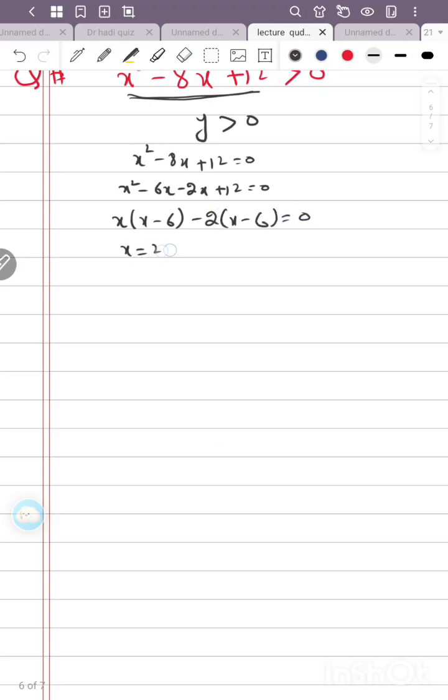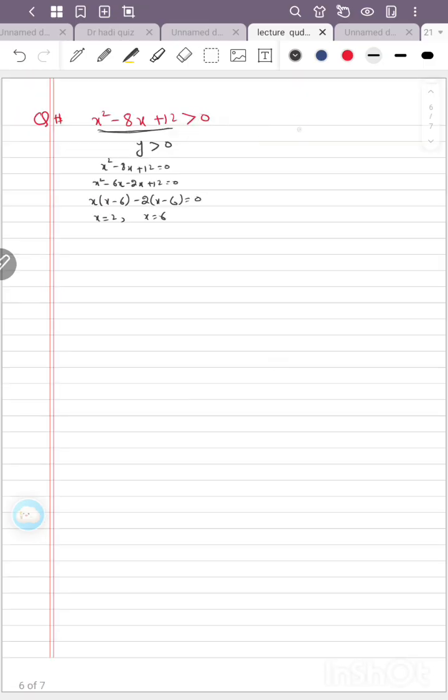Here x equal to 2 and x equal to 6. So we got this point. Here we have 0, 1, 2, 3, 4, 5, and 6. We got this point and this point.